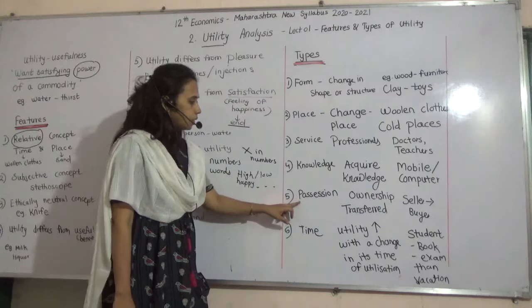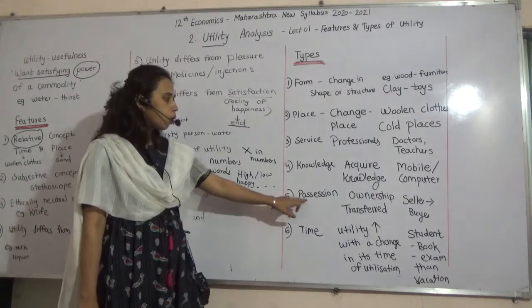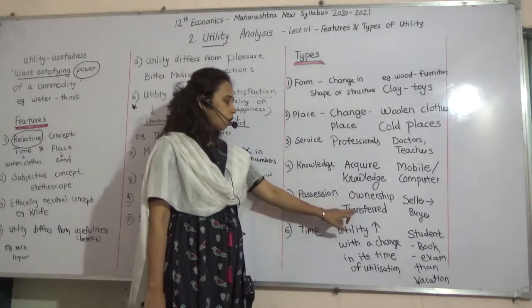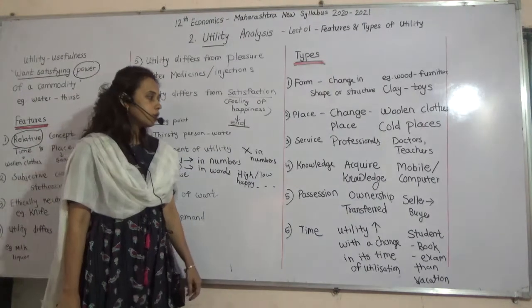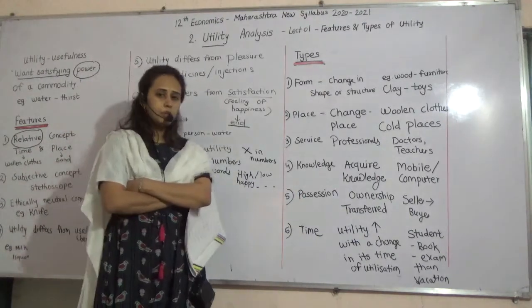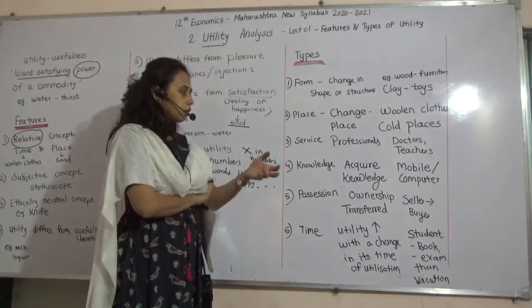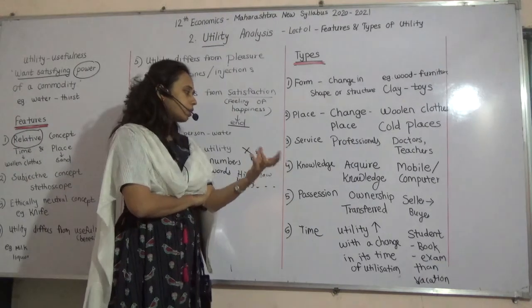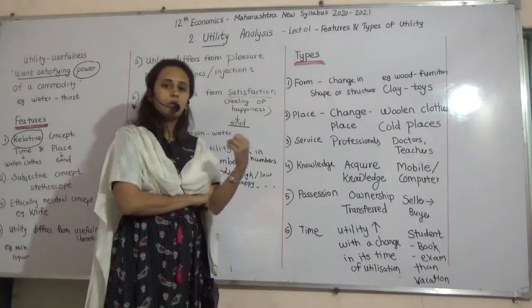Next is possession utility. Possession means what? Ownership. How do you get the ownership? I will give you the example. We can take the example of a shopkeeper where he is selling books.